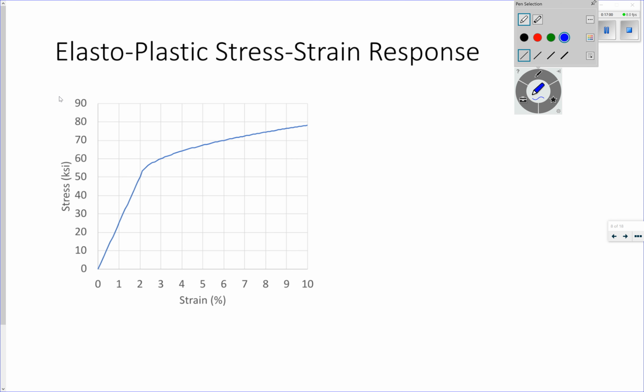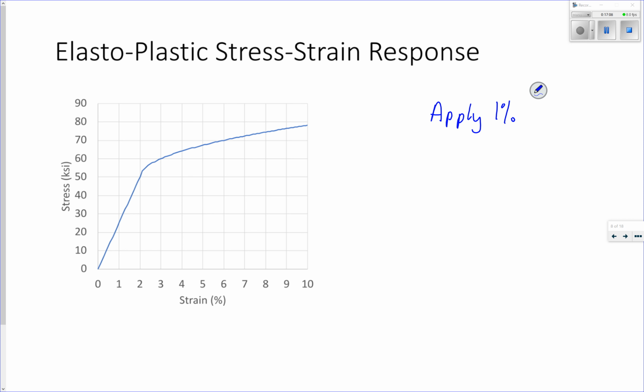So again, I'm gonna apply a loading that results in 1% strain. And okay, that gives me a stress of about 25 KSI in my material.